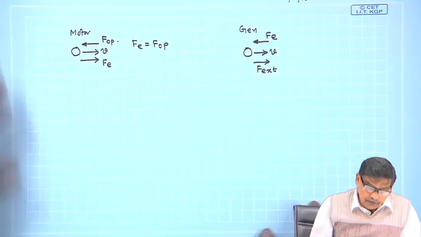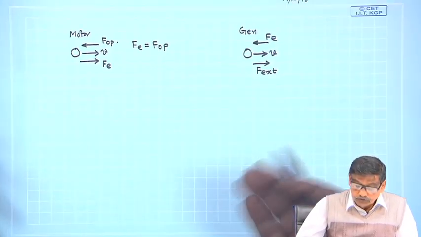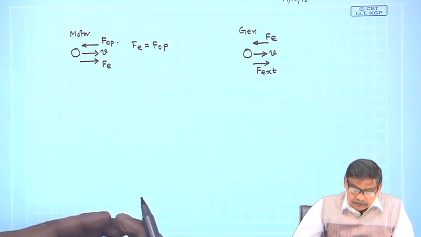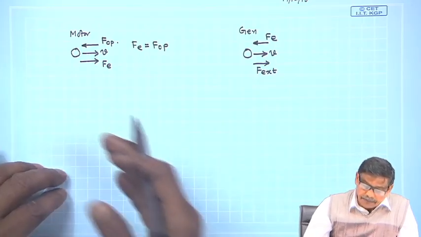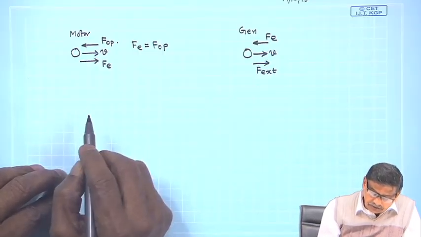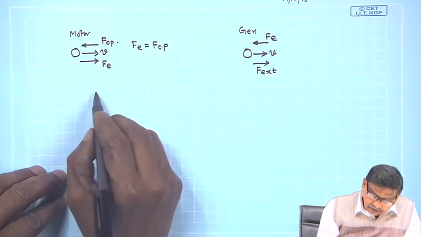Just one point I would like to tell, because the next course of action in understanding rotating machines will be to go from linear to rotational. Before that, I would also like to think in this way.